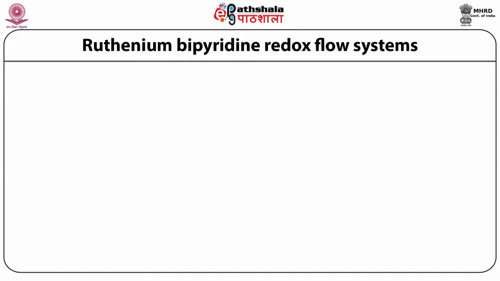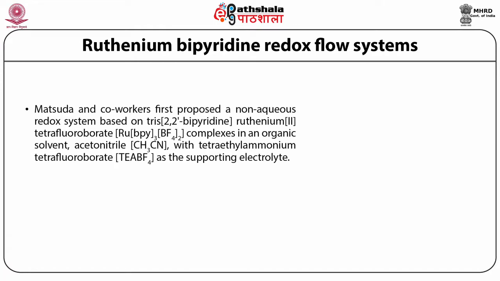Ruthenium complexes RFB. Matsuda and co-workers first proposed a non-aqueous redox system based on tris(2,2'-bipyridine) ruthenium(II) tetrafluoroborate, that is Ru(bpy)3(BF4)2 complexes, in an organic solvent, acetonitrile CH3CN, with tetraethyl ammonium tetrafluoroborate TEABF4 as the supporting electrolyte.